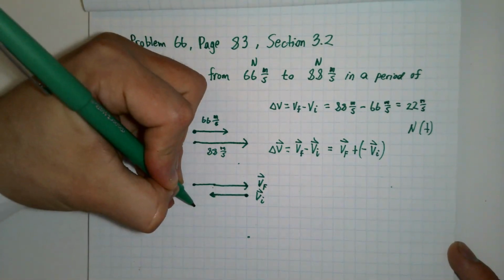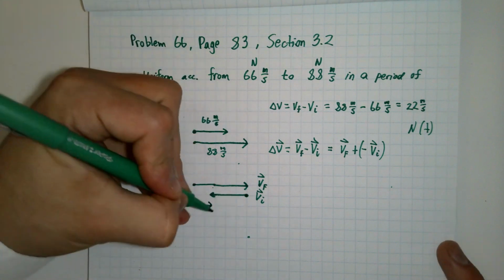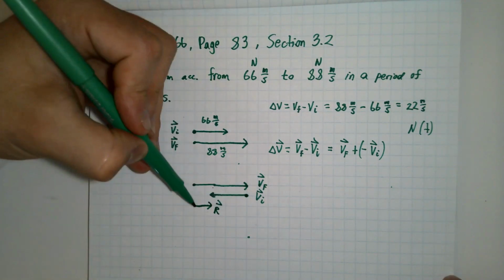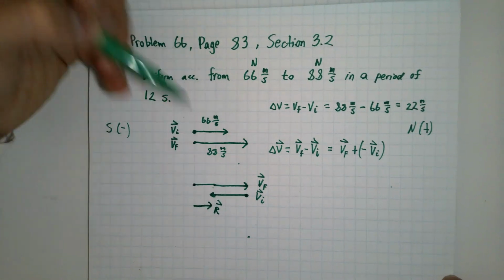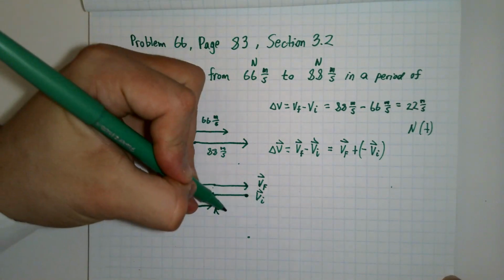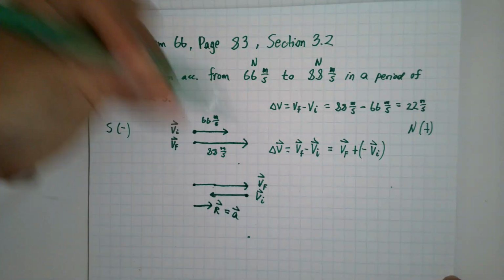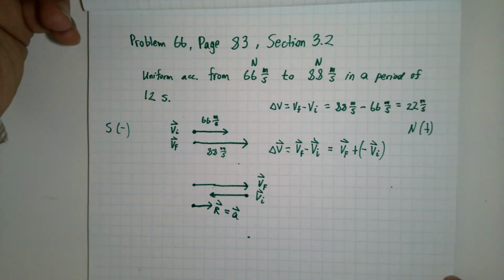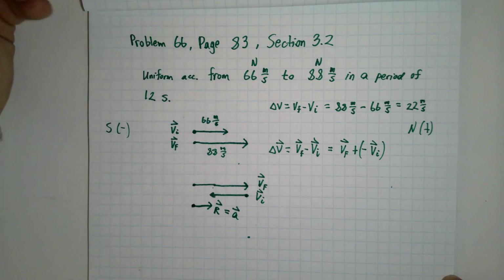All that's left is this little vector here, our resultant vector. We'll represent it with an R. That's still pointing to the right. This resultant vector also happens to be our acceleration vector. This is our acceleration vector for our change in velocity, as long as we look at it over the period of time in which it happened.